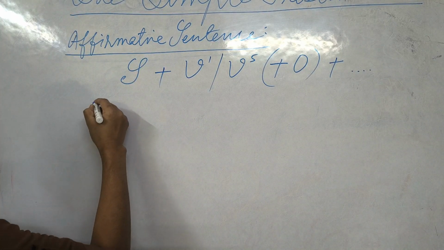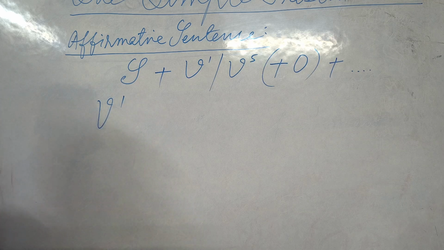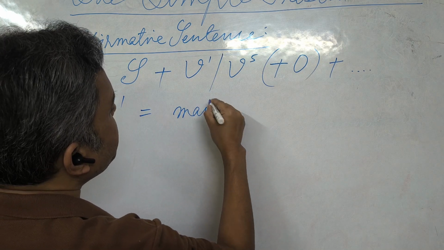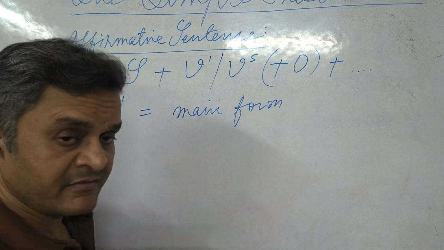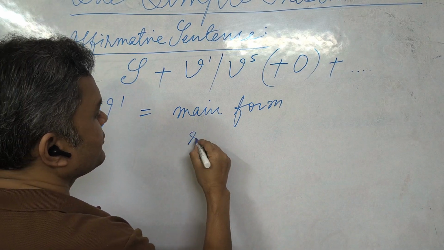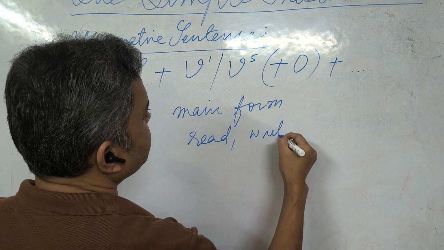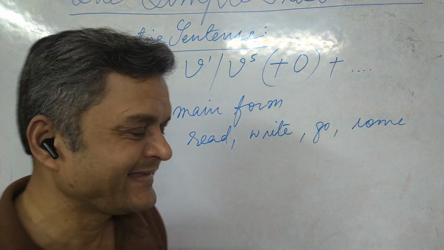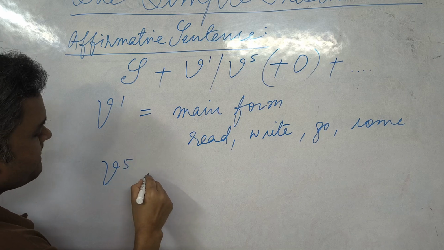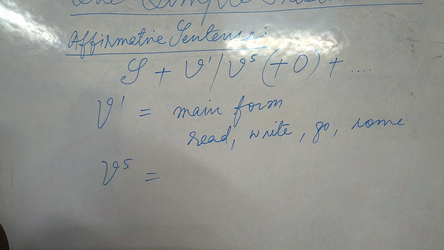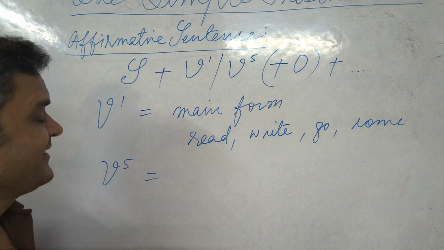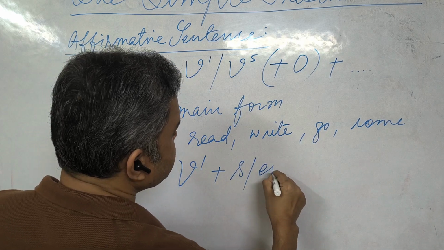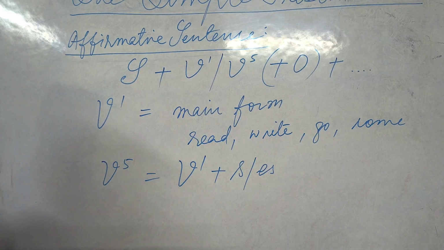So, the V1 or the first form of a verb is the main form, for example, read, write, go, come, etc. And V5, that is the fifth form of a verb, is usually made by adding s or es after the V1 form.